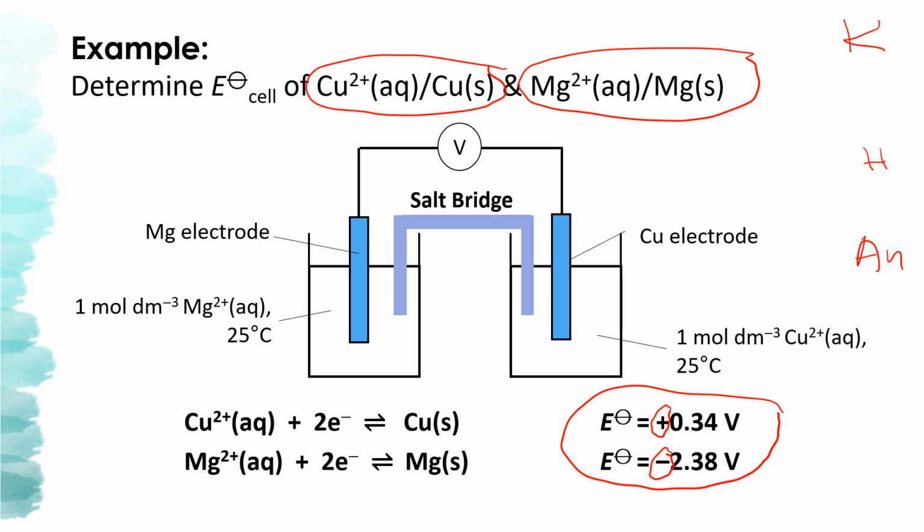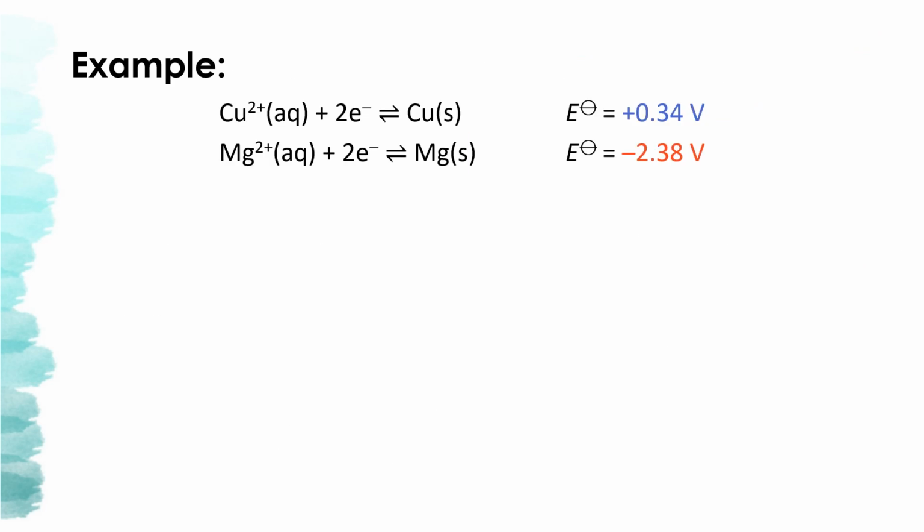Okay, so coming back to this lecture, we will make use of the formula now. How to calculate the voltage of this galvanic cell that is formed by combining these two half equations.